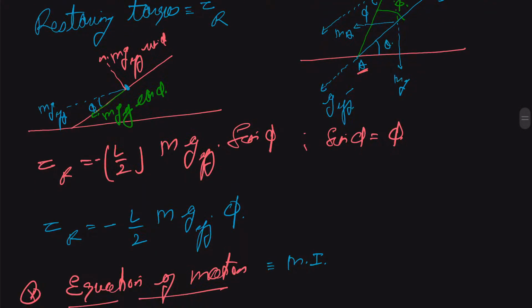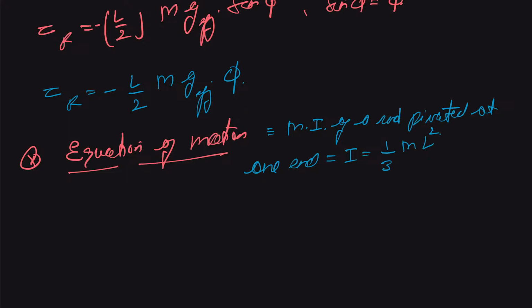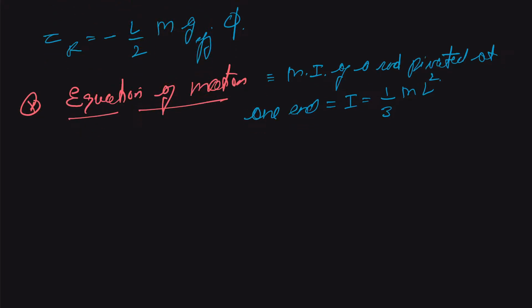The rod is going to pivot at one of its ends. So the moment of inertia of a rod pivoted at one end is I equal to 1 by 3 ml square, and therefore we can write the rotational equation.